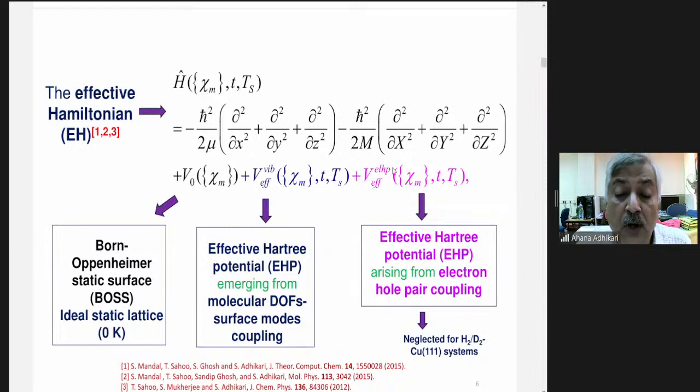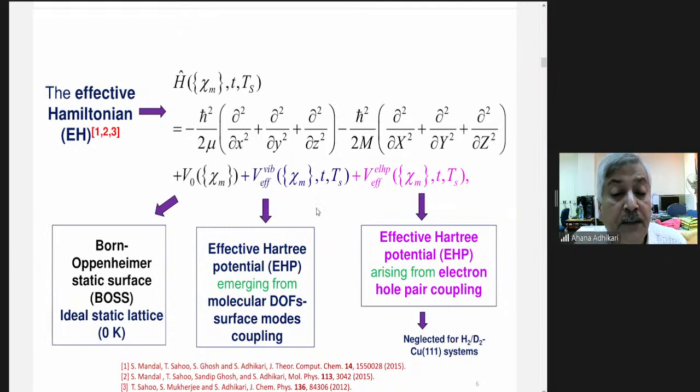And this is the electron hole pair coupling, similarly, when the electrons are roaming around in a metal surface. So this is basically what you can call Born-Oppenheimer static surface, BOSS, ideal static lattice at 0 Kelvin. This one is the effective Hartree Hamiltonian. Mean field is generally a Hartree product emerging from molecular DOFs and surface mode coupling.